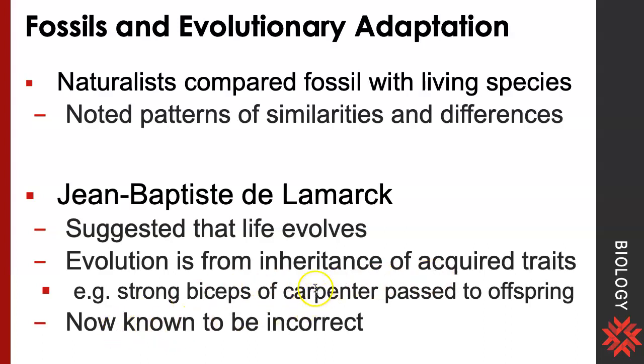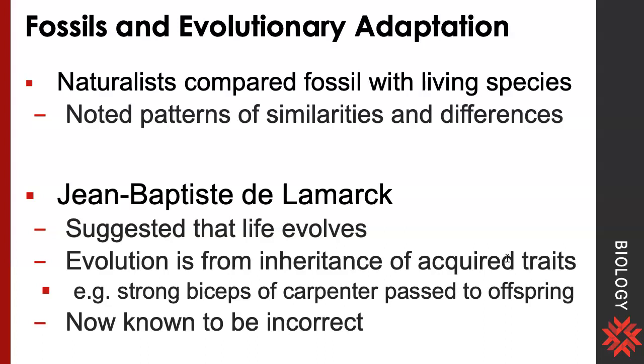Another example to help explain it: if you picture a carpenter back in the 1800s, you have this carpenter hammering away at nails all day. He's using his bicep all of the time. Well, then that carpenter is going to have a very strong bicep, a strong bicep that he acquired through his lifetime. Now, because that carpenter has strong biceps, when he has children, his children are going to have very strong biceps too.